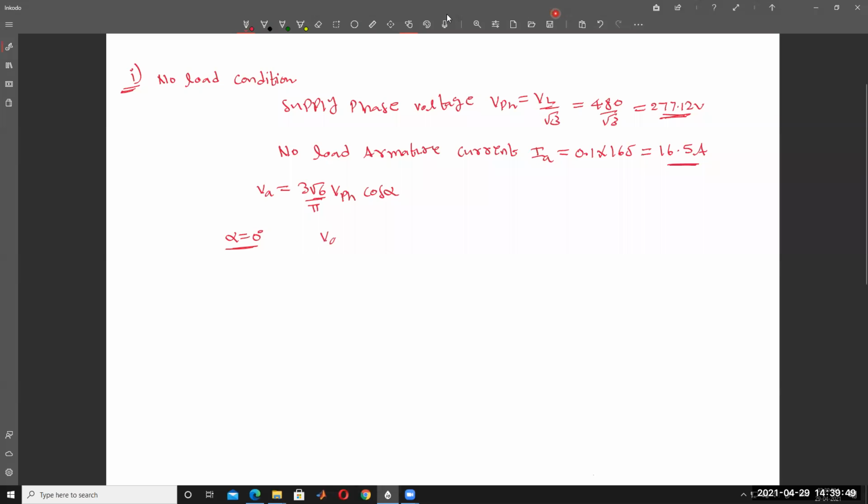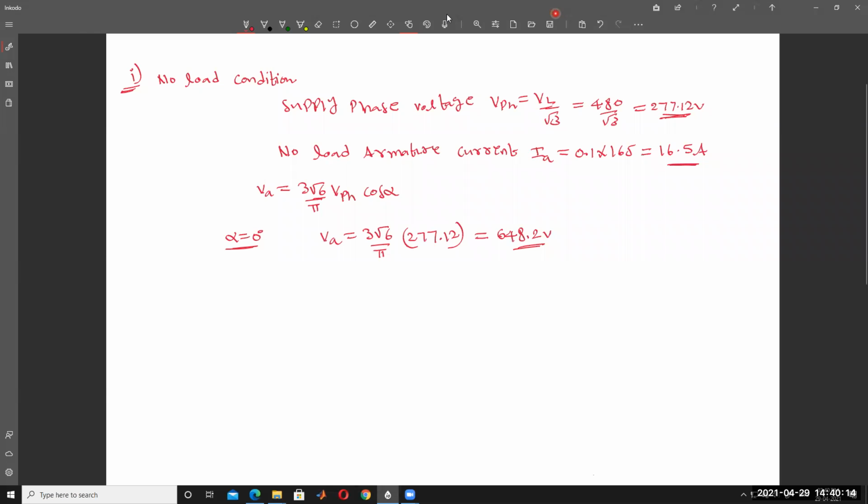So VA is equal to 3 root 6 by pi into phase voltage 277.12 into cos 0, which is 1. That is equal to, I got 648.42 volts. Verify this answer.